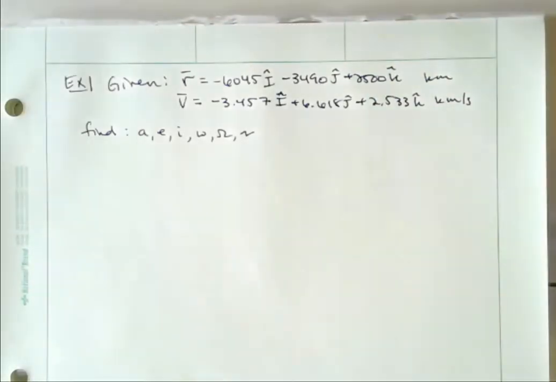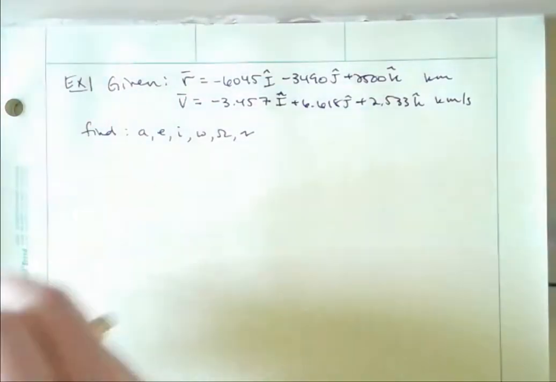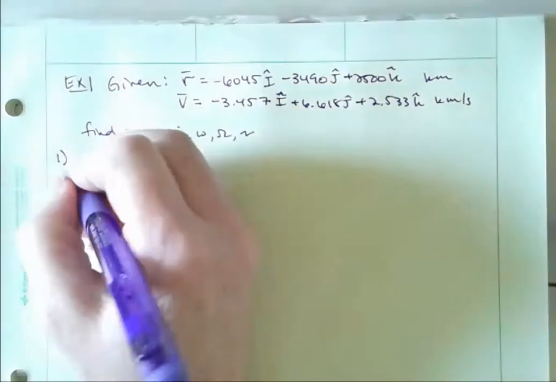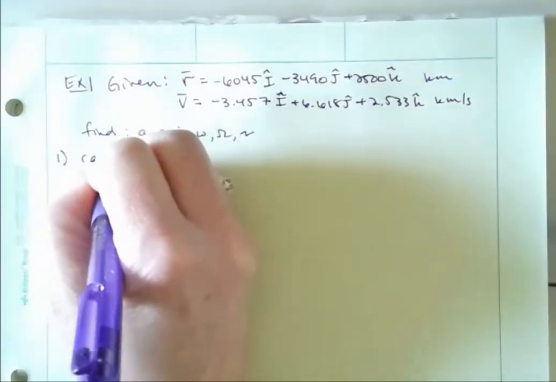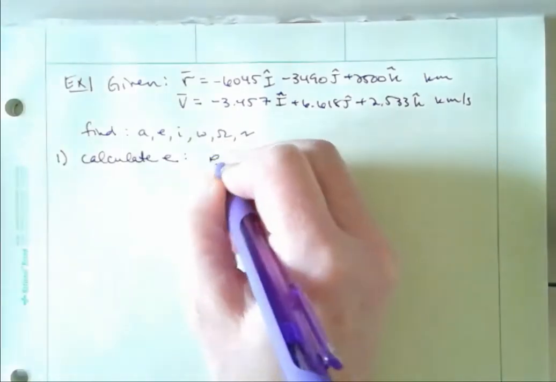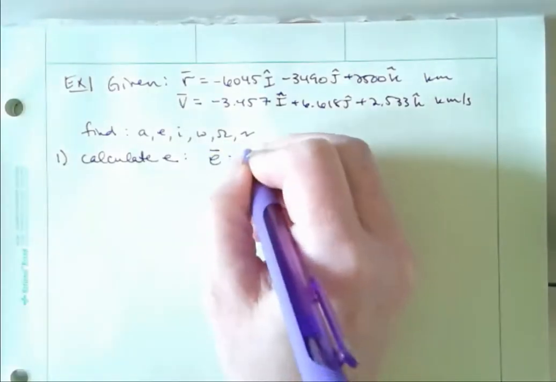All we need to do is follow those steps that we had in that last video to calculate these things. So first thing is going to be to calculate e. Remember you have that eccentricity vector formula.